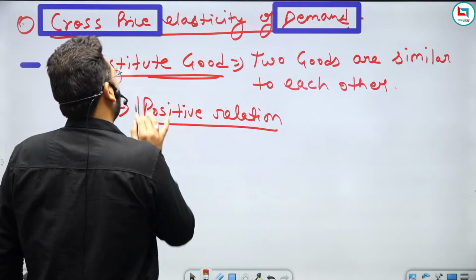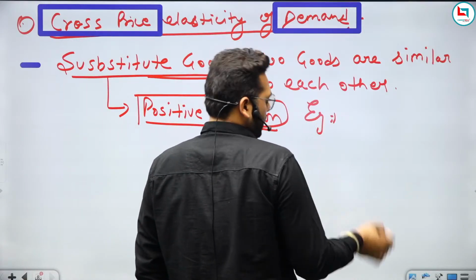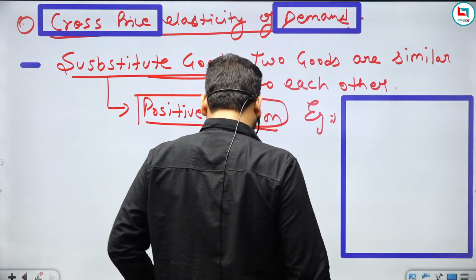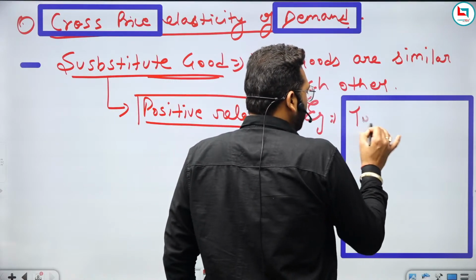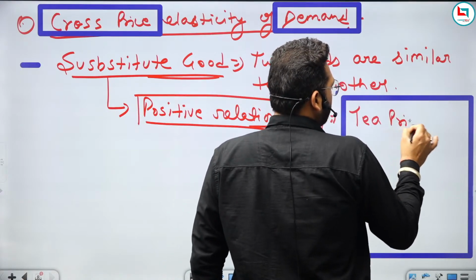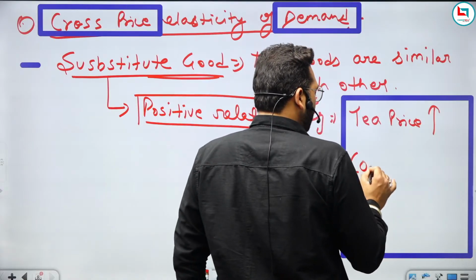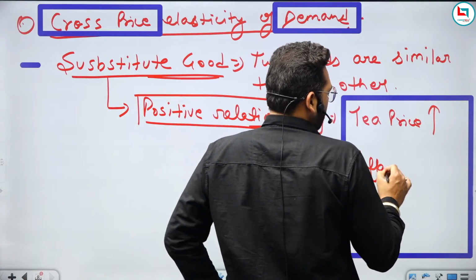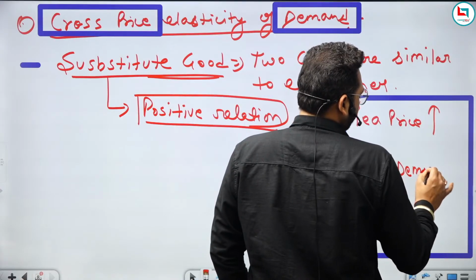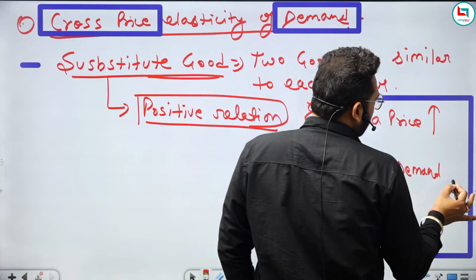Right? Let's say for example, you can understand this situation. If the tea price increases, then the demand for coffee will increase.